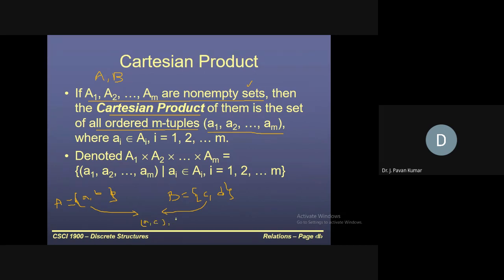Similarly, consider another element from this set and one element from that set, then we can obtain another pair, (a, d). Similarly, what are the other pairs that we can obtain? (b, c), (b, d).